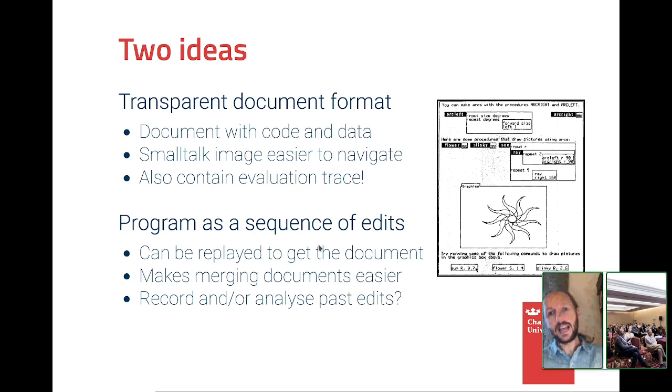So instead, every time you interact with the document, you add some nodes, add some code, run something, all of these things will just append interactions to a list. And then hopefully this makes merging of documents easier, and you can analyze the previous edits to see how the document was constructed.